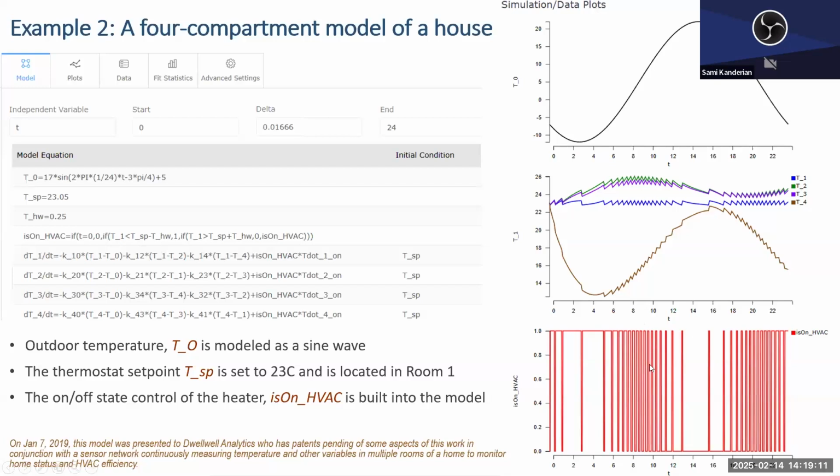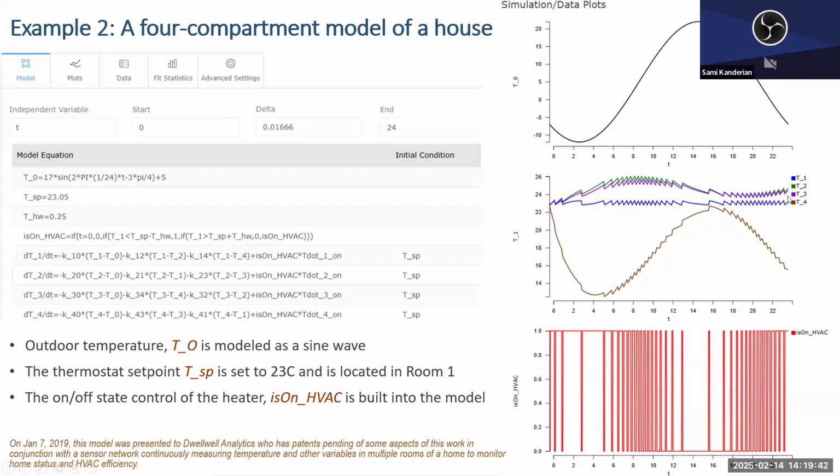It just turns on, off, on, off. And what you see is that at nighttime, it's on more than in the daytime, because in the daytime the temperature is higher outside. Here I show the temperature profiles of four different rooms. What makes sense is that the thermostat is in room number 1, and that's why it has the tightest control, a tight band of half a degree.